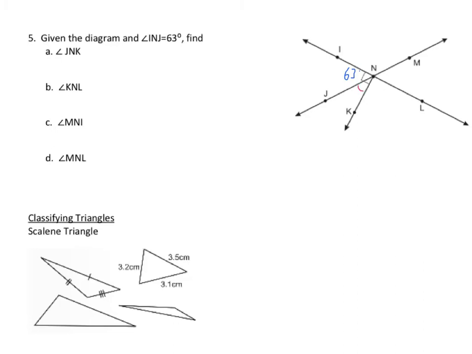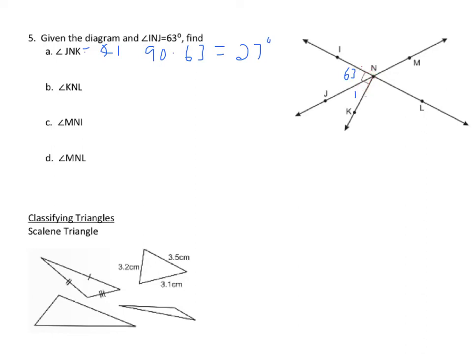Now the box tells us that the whole angle equals 90. 63, and angle 1 we'll call it, this is angle 1, they are complementary. So they add up to 90. So I can go 90 minus the one we know, and that gives us the measure of J and K, 27 degrees.